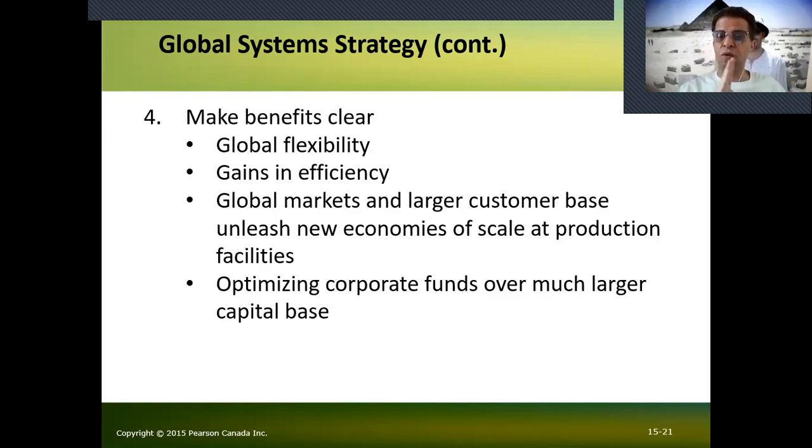It gives global flexibility, gains in efficiencies, a global market with a larger customer base, unleashes new economies of scale at the production facilities, and helps optimize corporate funds over a much larger capital base.